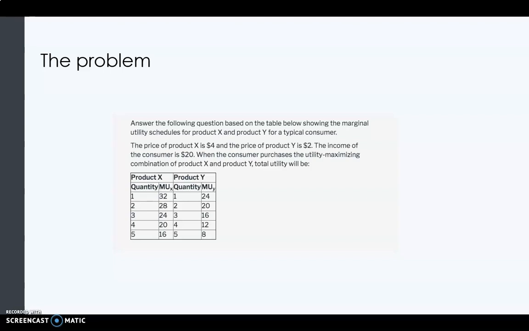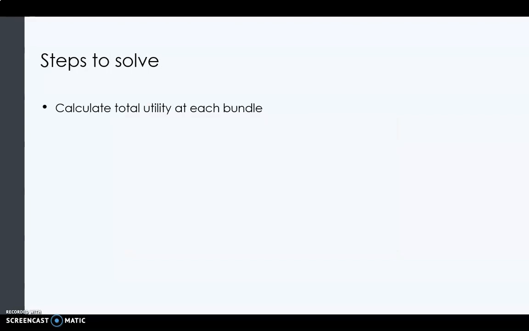All we want to do is find the utility maximizing combination of product X and product Y. And our output, what we really are trying to find in order to make this work, is the total utility of that optimal bundle. So what we need to do in order to solve this problem is calculate the total utility for each bundle.